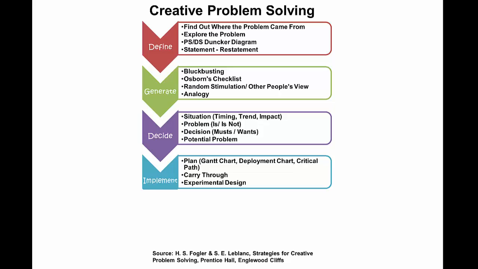So we go from synthesis to analysis, application, comprehension, and then knowledge. Between carrying through and experimental design, there is another small step which is follow-up, where we check to see if the solution meets the specified objectives and criteria. We need to do this follow-up at all the steps.